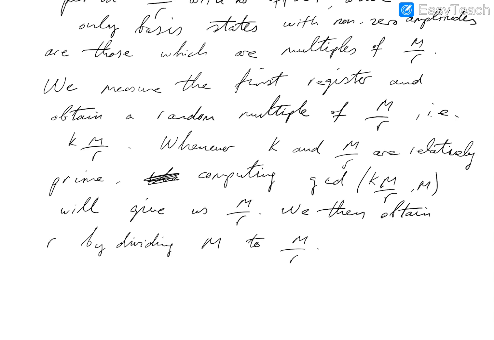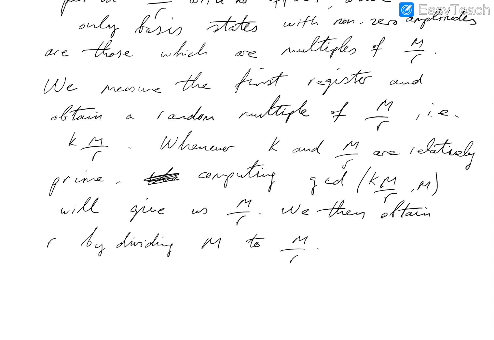So this is how Shor's algorithm works: applying the modular exponentiation function, measuring the second register, and applying a partial measurement so as to eliminate the other basis states which are inconsistent with our measurements.